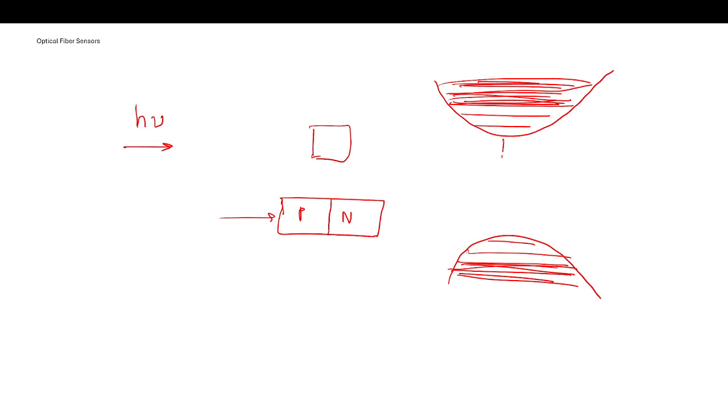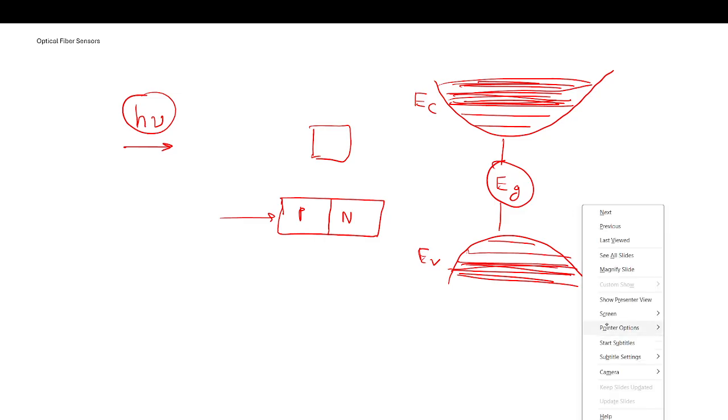So you have EG, EC, EV. Let me know what could be the relation between photon energy and EG.